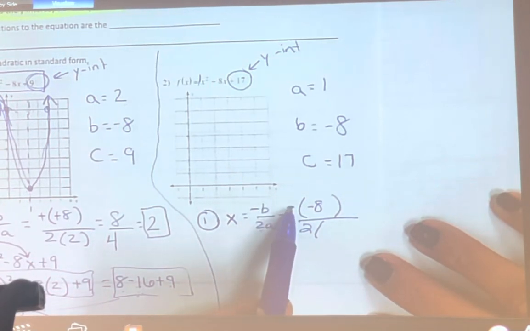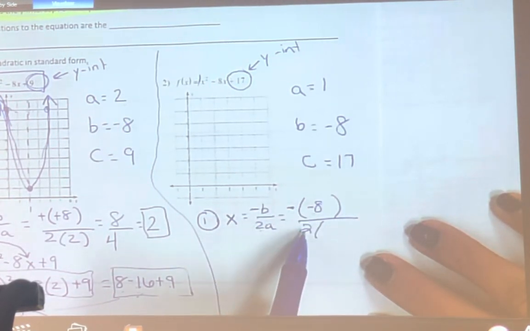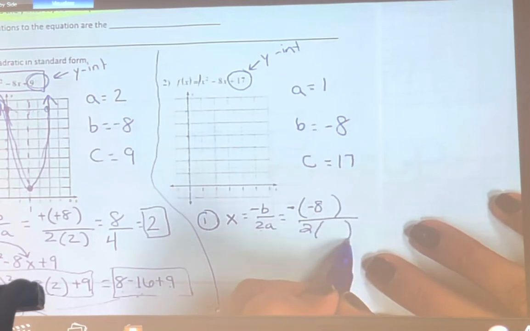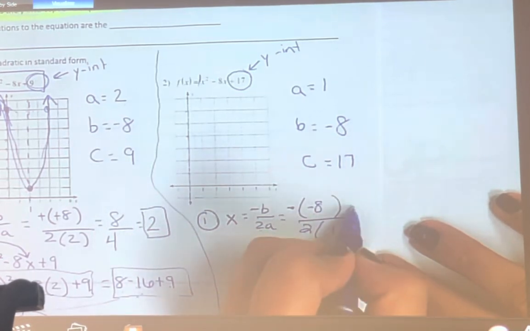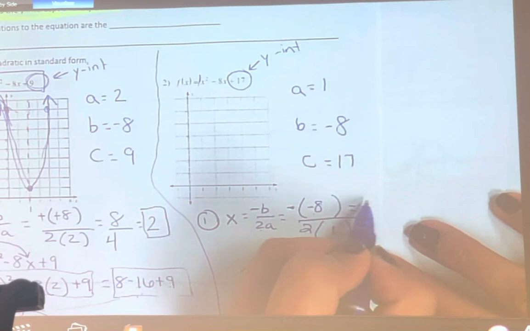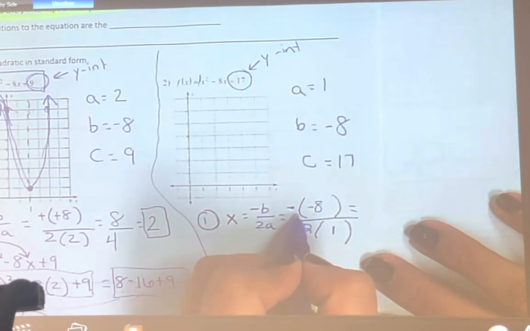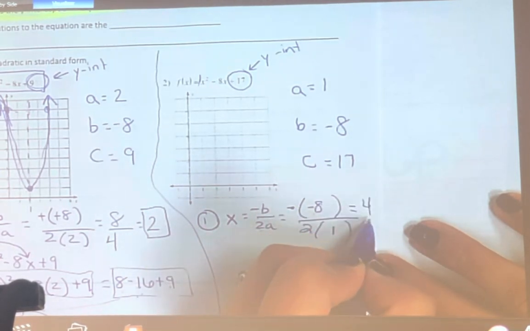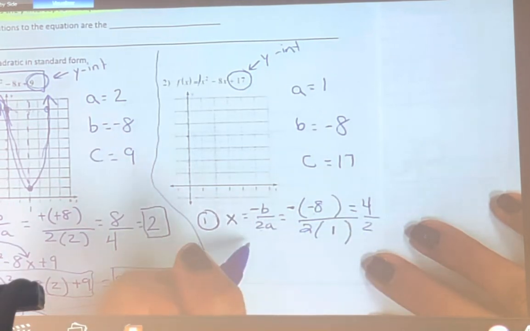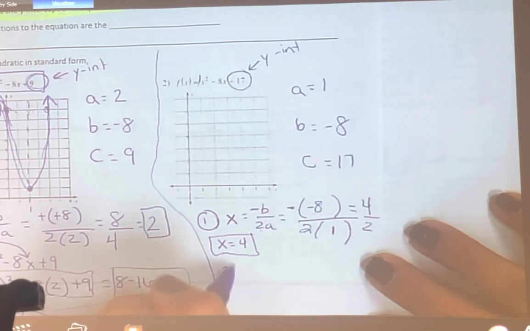Over 2 times a. And what's a? 1. So this becomes positive. Negative times a negative is positive, over 2. So x equals 4. What's step 2?